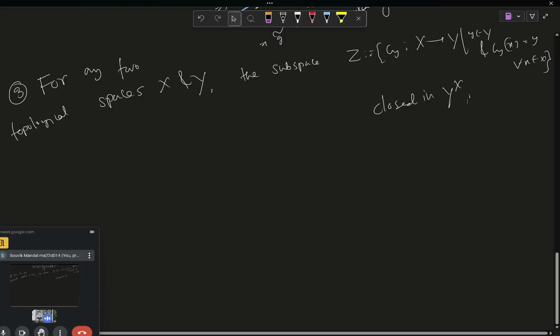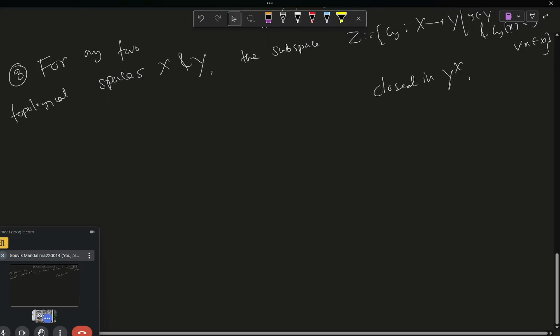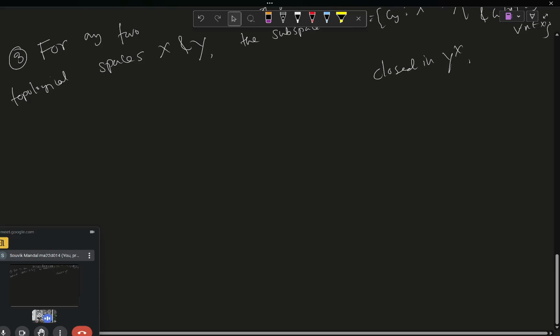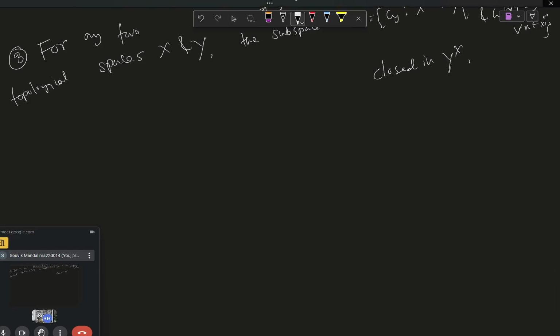Okay, so the solution. We don't know the answer, so first of all, the answer is false. Okay, so let's get into the counterexample. Take any X to be a set of two elements, so let's take X to be {1, 2} with the discrete topology.